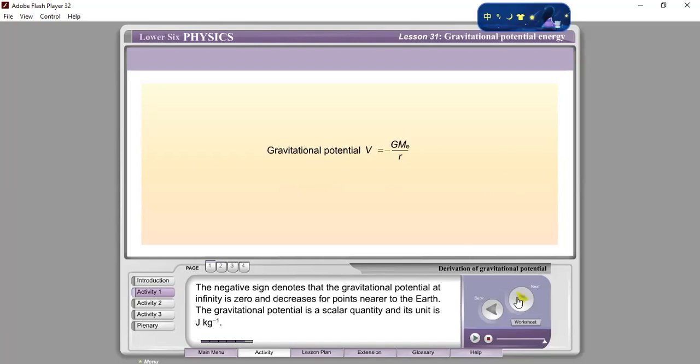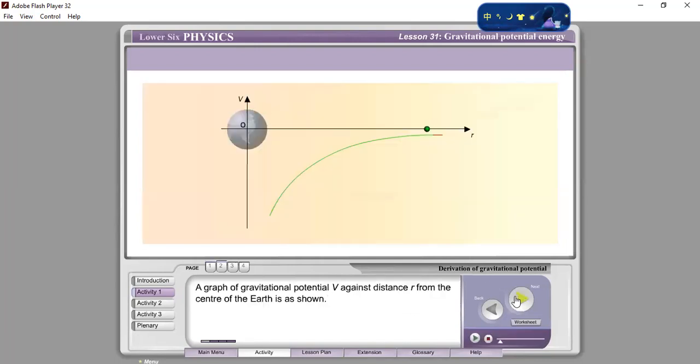Okay, let's go to the next. A graph of gravitational potential V against distance R from the center of the Earth is as shown. The gravitational potential is almost zero, right? We notice that infinity means the distance is very, very far away.